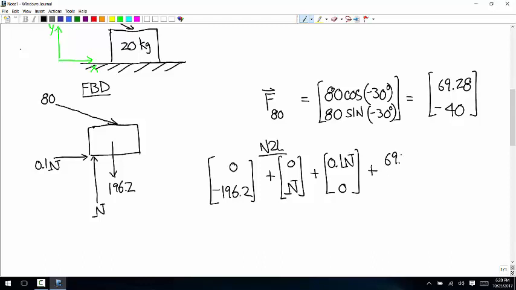Plus 69.28, negative 40, is equal to mass 20.